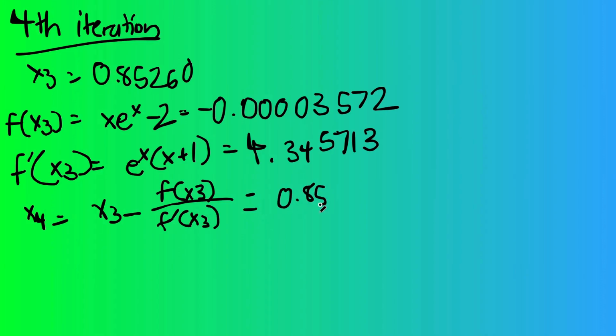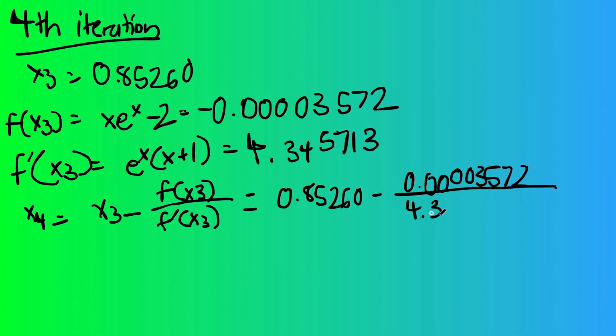That equals 0.85260 minus 0.0000357 divided by 4.345713.